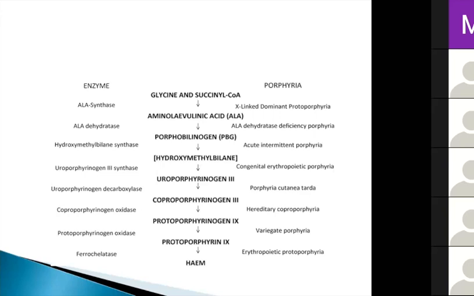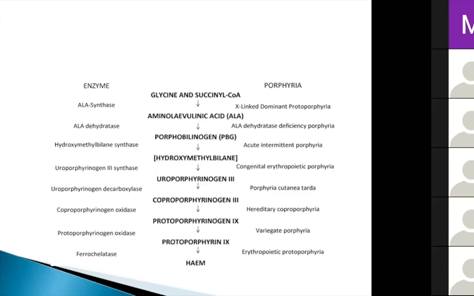And then an enzyme known as ferrochelatase will incorporate iron into the center of protoporphyrin, leading to production of heme. Once heme is formed, it will have a negative feedback on the enzyme that's responsible for the first step. So it will have a negative feedback on ALA synthase to prevent production of more heme.